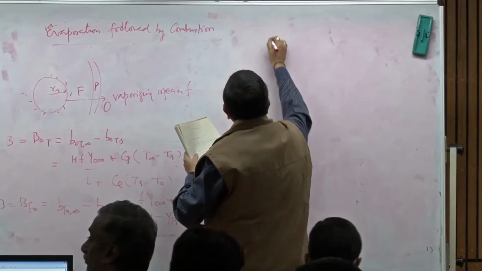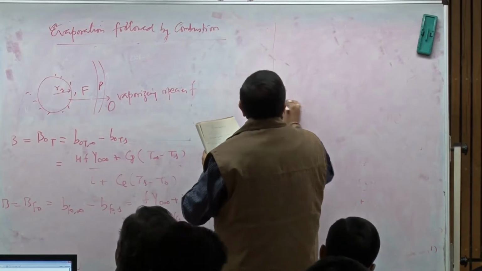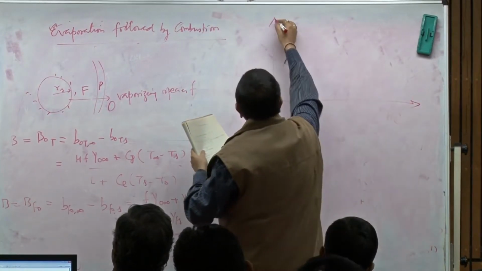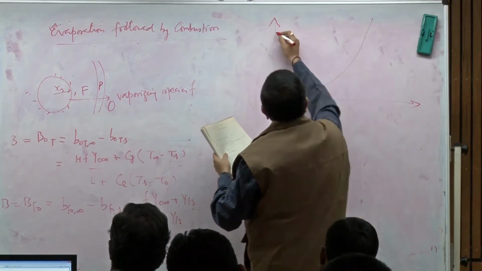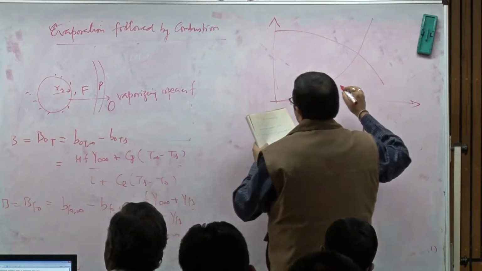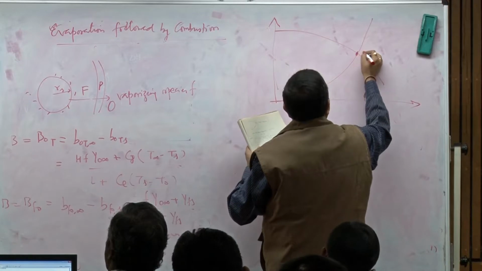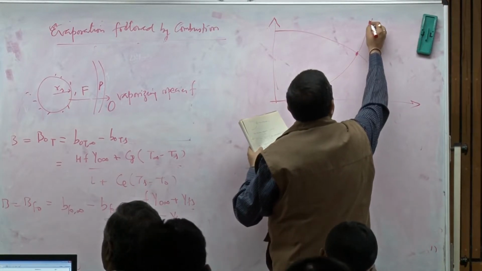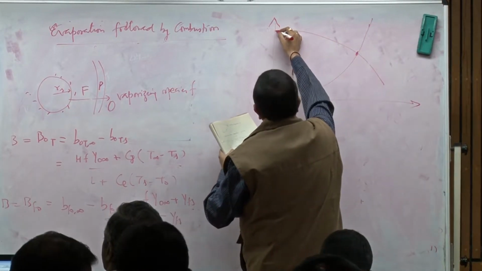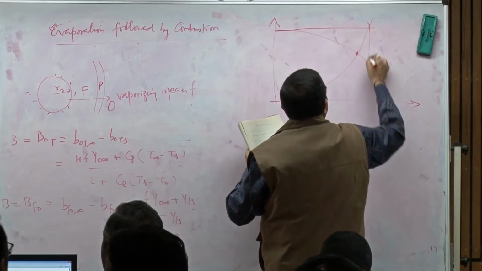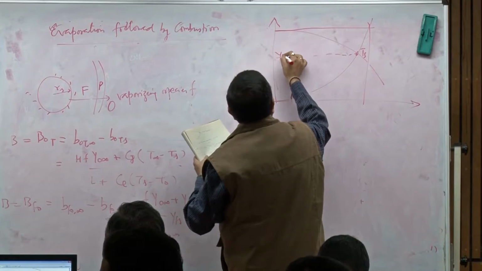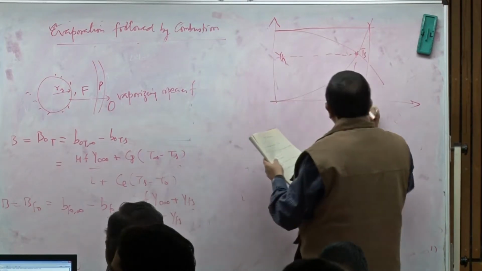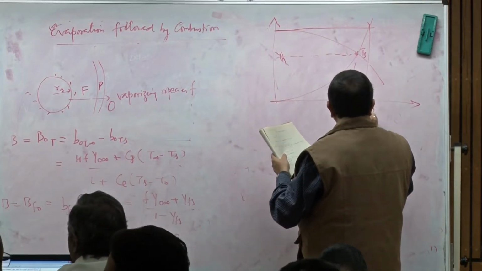So, the graphical solution will look like this. The boiling point, surface temperature Ts, YFS, Ts, Tb.